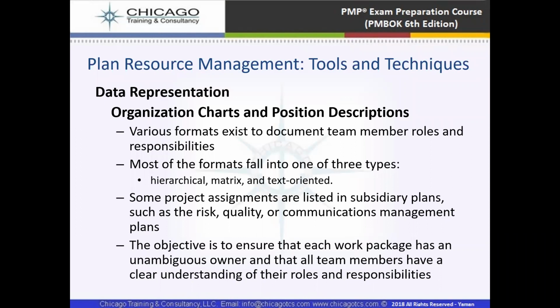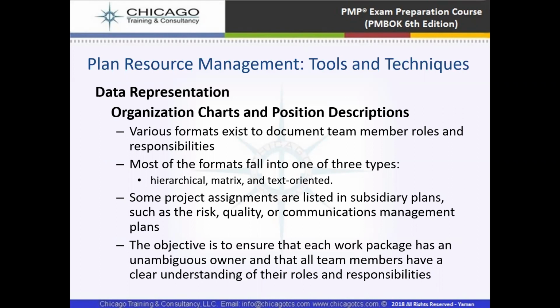And then we have data representation, like the organization charts and position descriptions. We have a format which shows the hierarchical matrix or text-oriented charts, which show who is the PM, who the other team members are in the project chart, and how the power influence diagram is there.